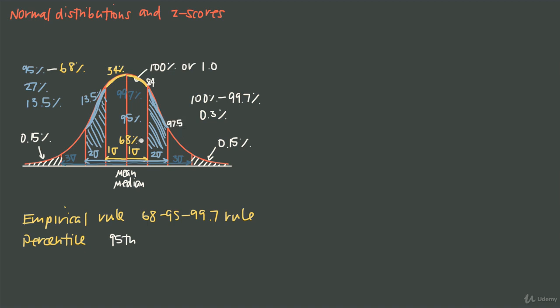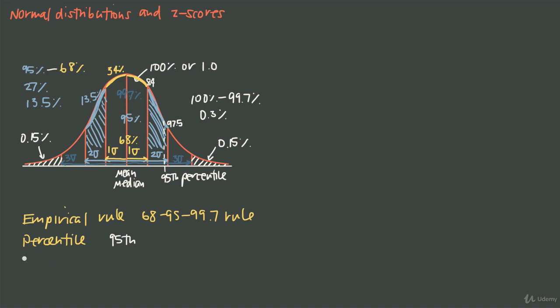So right here, two standard deviations above the mean, we're in the 97.5 percentile, which means that the 95th percentile might be something like right here. So that might be the 95th percentile because that is the point under the curve where 95% of the area is below this line.